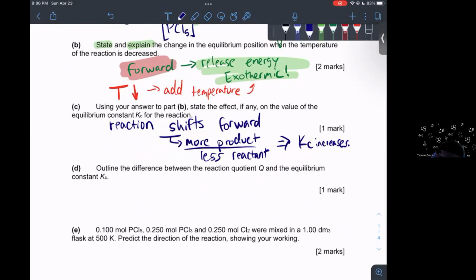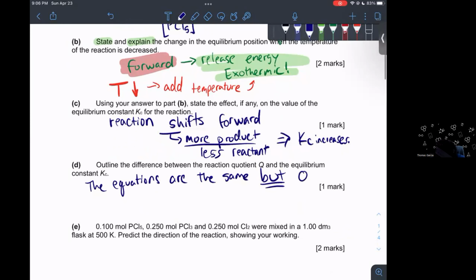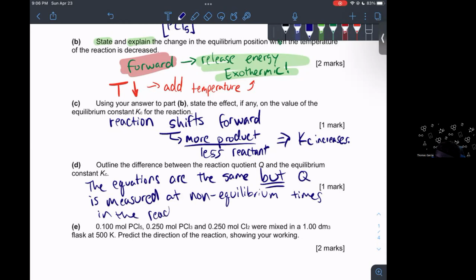So I can say something like the equations are the same, but Q is measured at non-equilibrium times in the reaction.